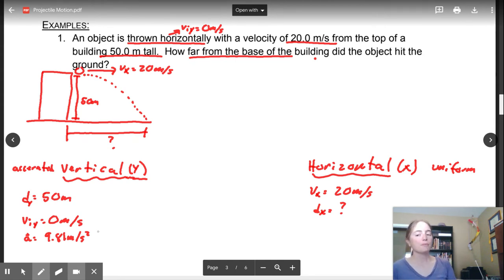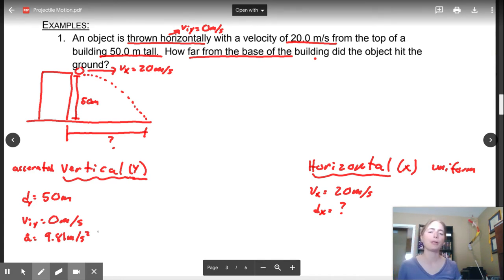I'm going to make my acceleration here positive because I have only one vertical direction in this question. It's down. I do not have motion that's going up and down. I don't have opposing motion in this case. So I'm just going to choose consciously to make down positive and up negative.